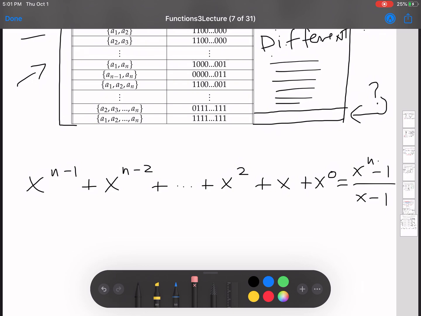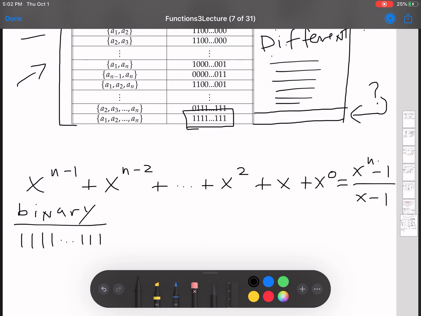All right, so now binary. So what does this number represent here, right? What does this number represent in base 10? All right, so this is 1, 1, 1, 1, 1, 1, 1. Now remember how we would figure this out, right?